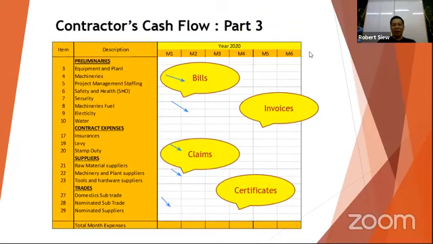In construction, it happens that we have a certified amount which comes from the certificate. The net amount of the claims, the net amount of the invoice on the due date, and the bills on the due date. Then you sum it up. That's all, a simple way, in order to help with the project cash flow in expenses.